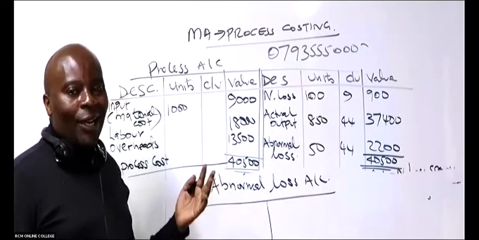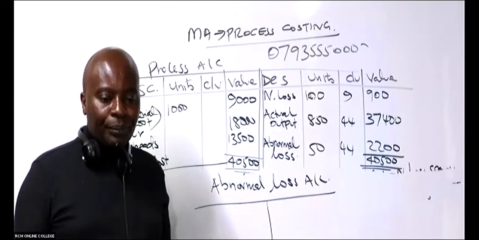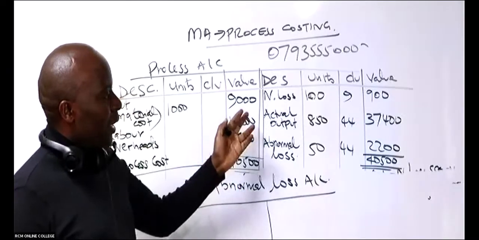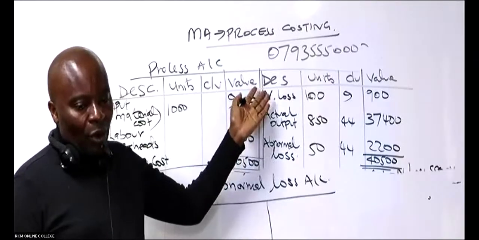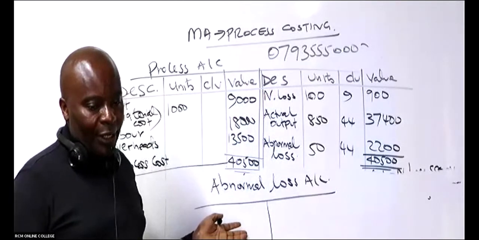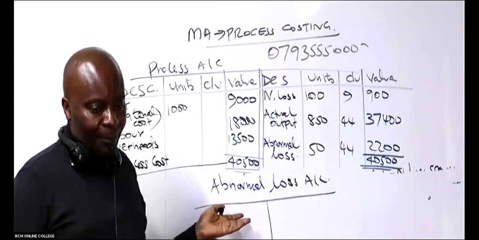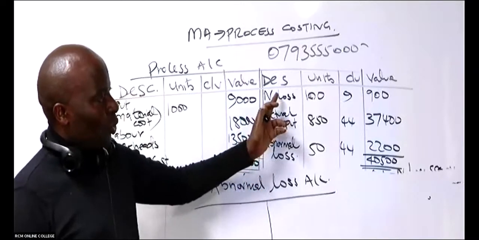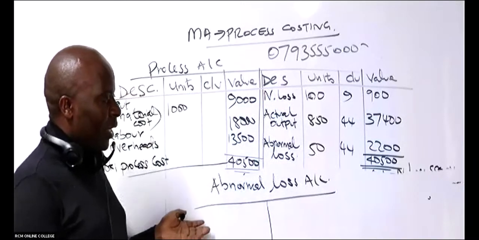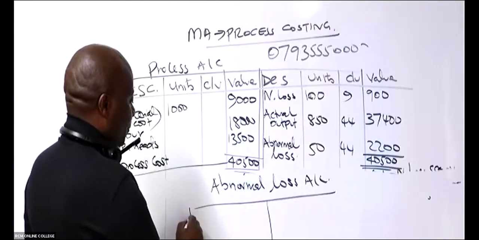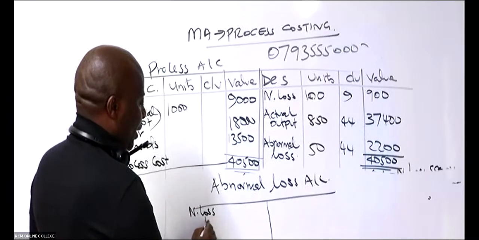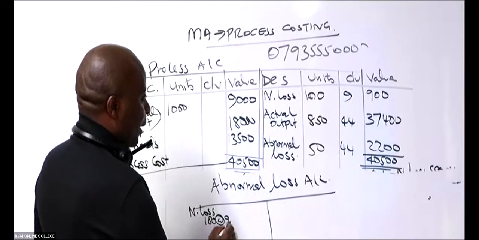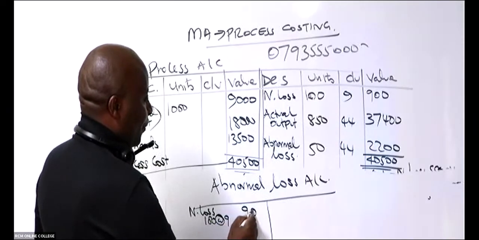It's basically a losses account. Now you'll bring the normal loss here. So here the normal loss was credited, it will be debited here. So we have here normal loss, 100 at 9, giving us 900.